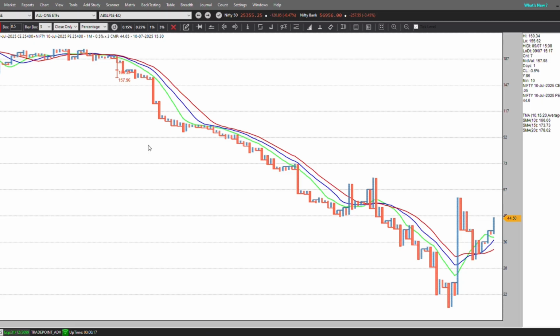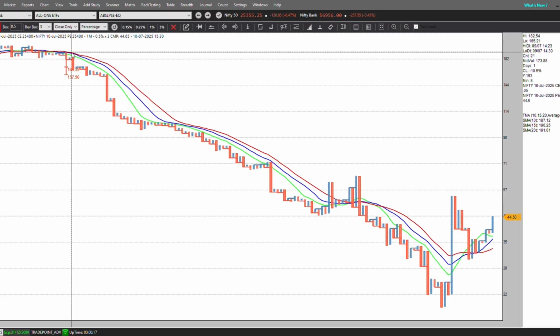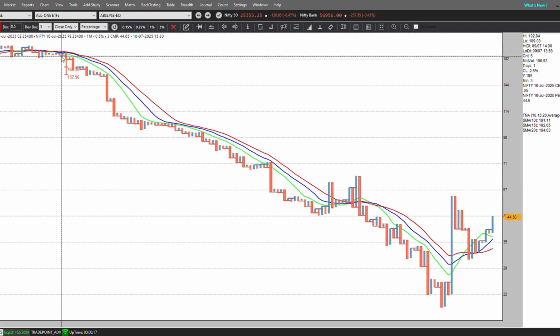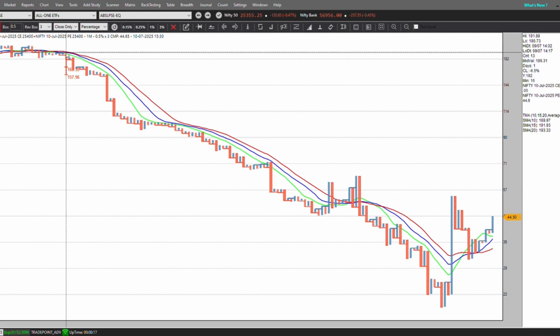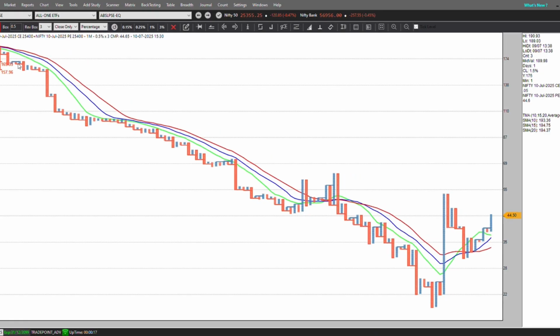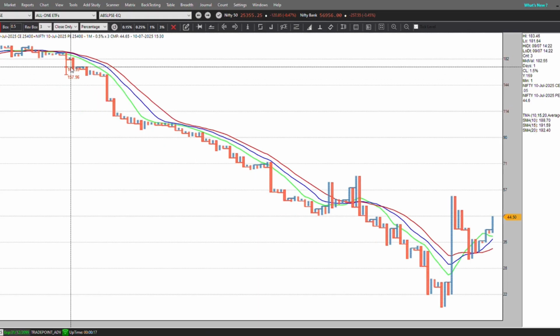So the two targets: the value of this straddle was some 195, and from 195 we got two targets, 165 and 157. Both counts were achieved, but we also get a bearish anchor column here.